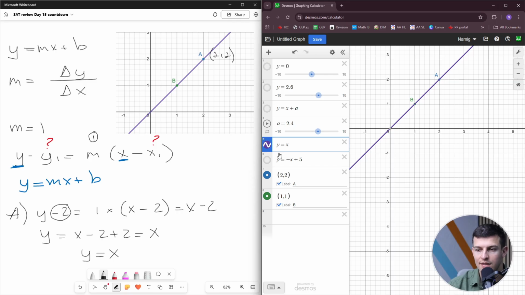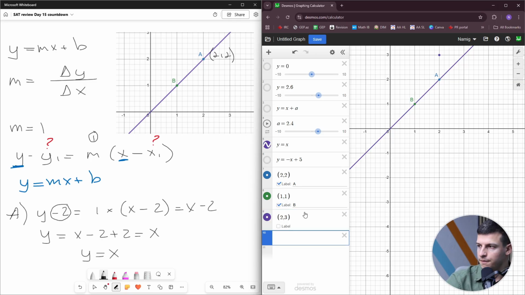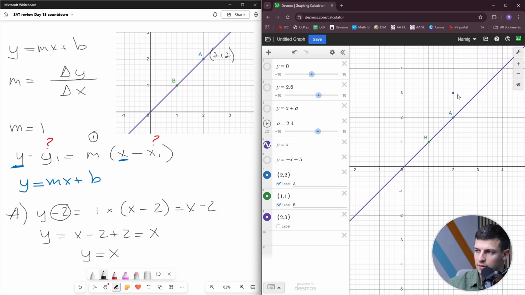So as long as, like I mentioned, the point is on the line. What does it mean to be on the line? It means it follows the equation that you have. If I take a point here, for example, I don't know, 2, 3. Now 2, 3, you see it's not on the line, it's outside here, right?